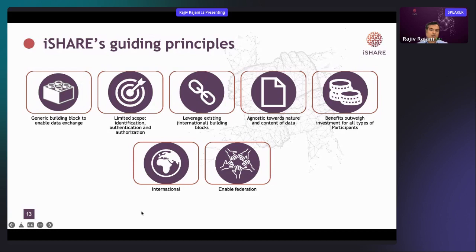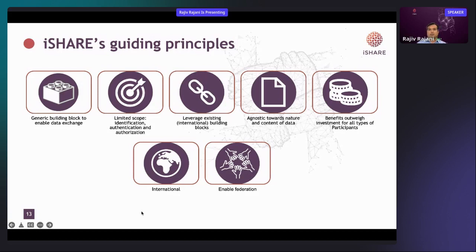When it comes to data, it's completely between the two participants how they exchange the data, with which mode of transport, what is the format of it, and what models they use for it. The iShare framework does not dictate specific requirements for sharing of that data, right?